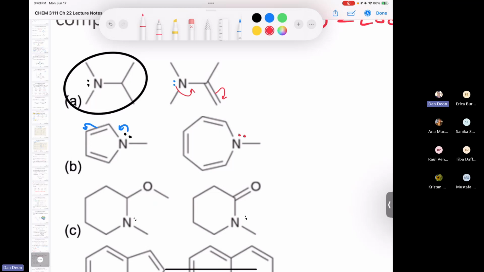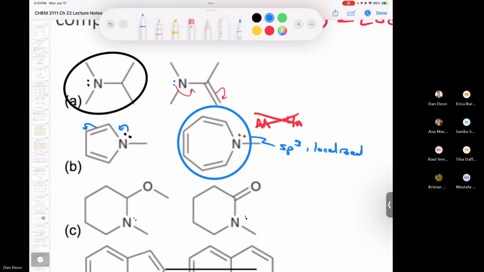If that lone pair were delocalized, this compound would be anti-aromatic, because you'd have a 4n number of electrons in a continuously overlapping system of p orbitals, and we don't want that to happen. So this lone pair is in an sp3 hybrid orbital, so it is not delocalized, it is localized. That means this compound is going to be the stronger base.